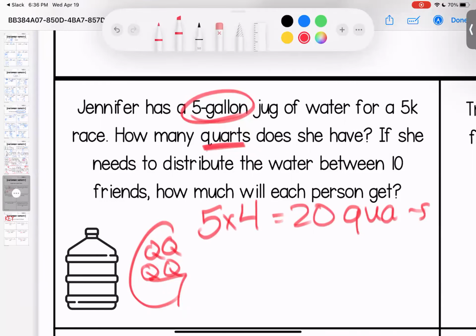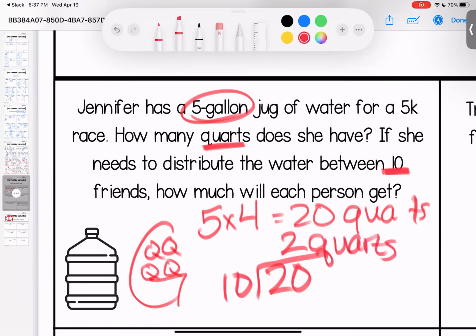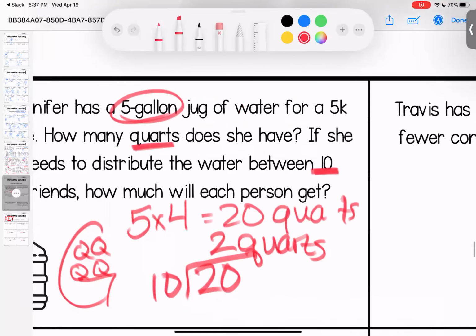If she needs to distribute the water between 10 friends, how much will each person get? Well, she has 20 quarts, and if I divide that by her 10 friends, each friend is going to get 2 quarts. So Jennifer has 20 quarts. Each friend would get 2 quarts.